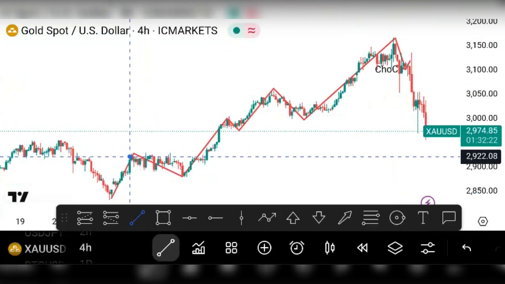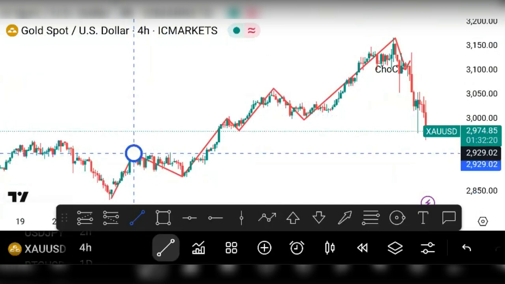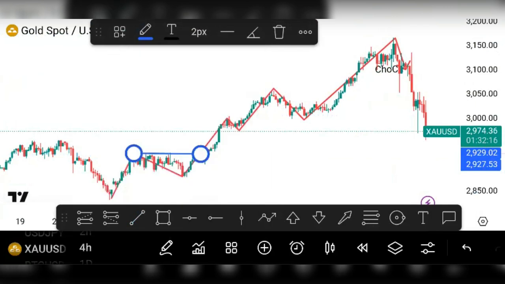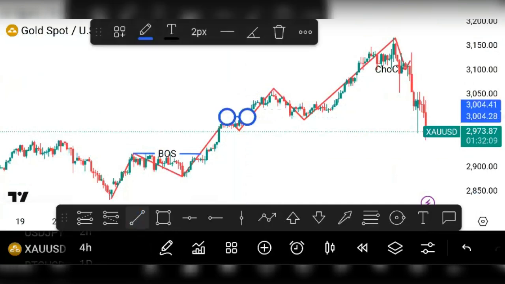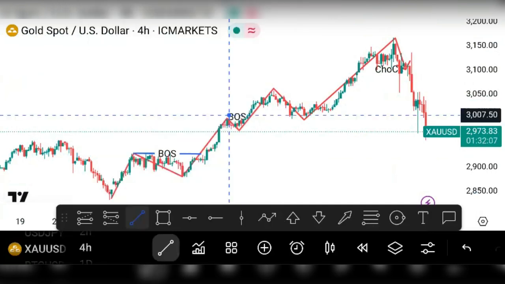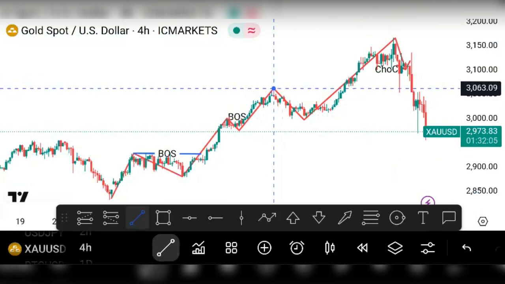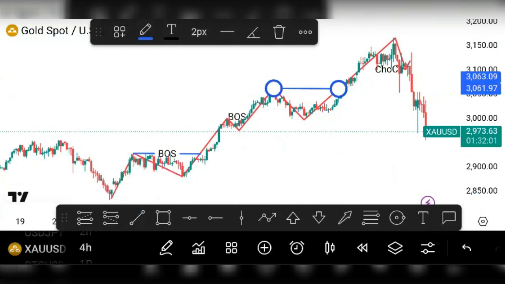And then all these ones you are seeing now, what? They are break of structure to the upside, right? Yes. Break of structure, break of structure. And then we have what?